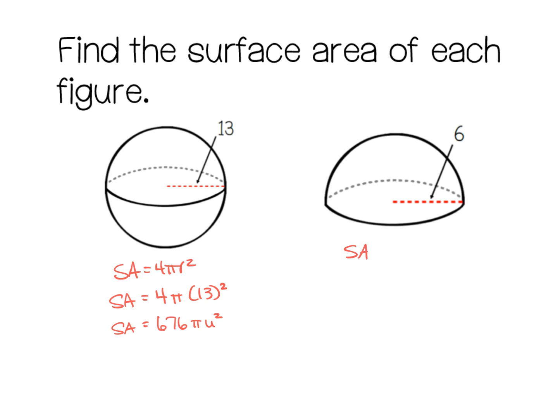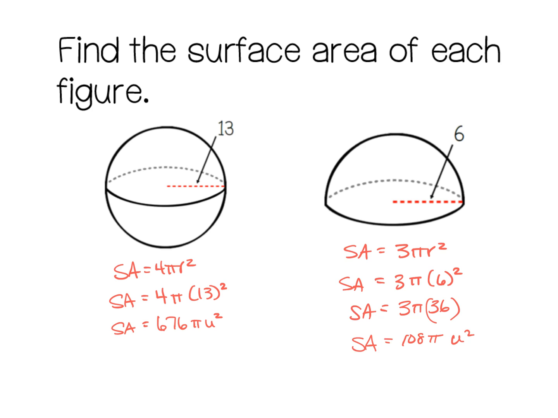For my hemisphere, remember my formula is 3 pi r squared. So that's 3 times pi times 6 squared. So I have 3 times pi times 36. Multiply that out, and I get 108. So surface area equals 108 pi square units.